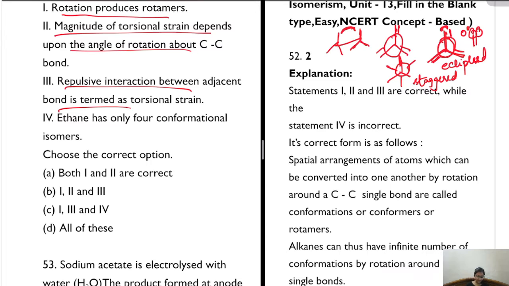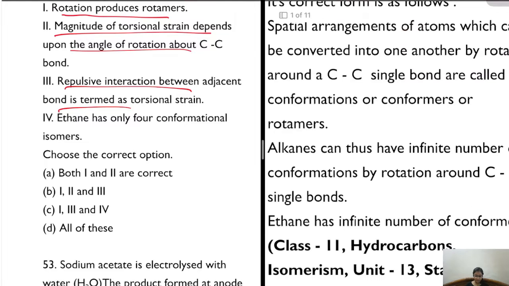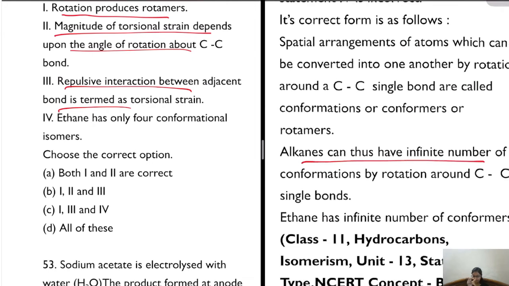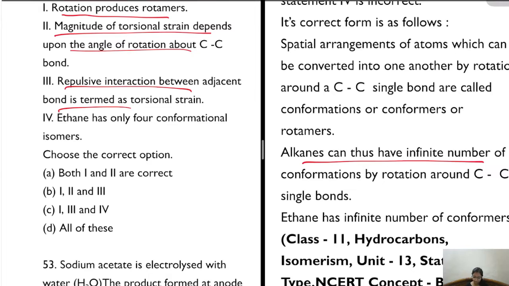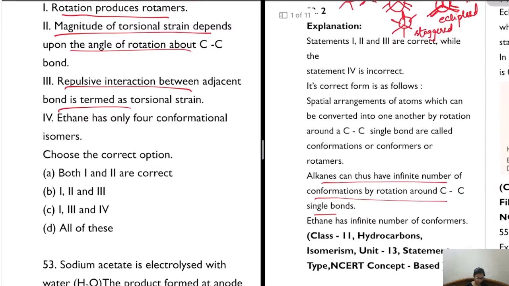Ethane has only four conformational isomers? Ethane can have an infinite number of conformers, because we can rotate around the C-C bond 360 degrees any number of times. So it need not be only four conformational isomers. These are obviously more. So our correct answer is 1, 2, and 3.